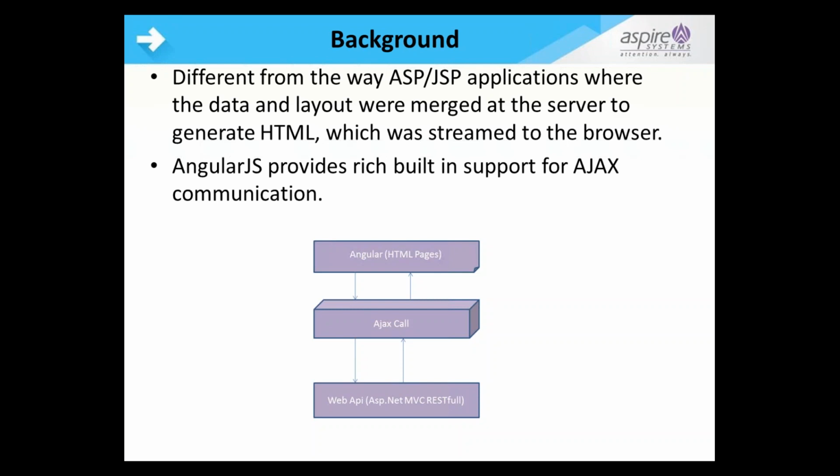For example, if there is a URL and you are making a simple get call, this user is a resource. If you just pass the ID, it will send all the user details. But what type of user, what you have to do with that user, that type of data representation will be sent by REST. Very simple.